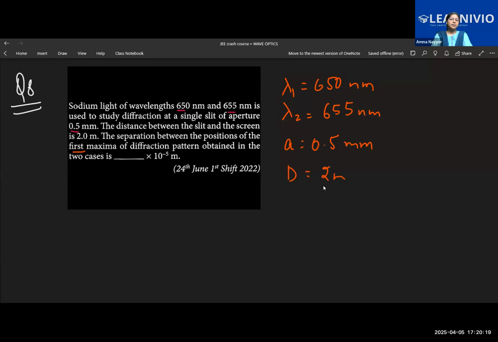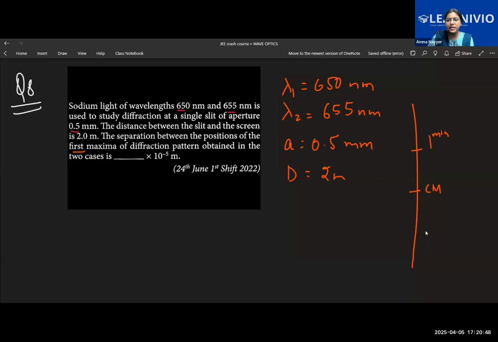And it is saying the separation between the positions of the first maxima of diffraction pattern obtained in the two cases. Two cases means when the light of 650 nanometer is showered and then when 655 nanometer is showered. So see, when you obtain this pattern on the screen, here you get a central maxima. On either side, you will get first minima.